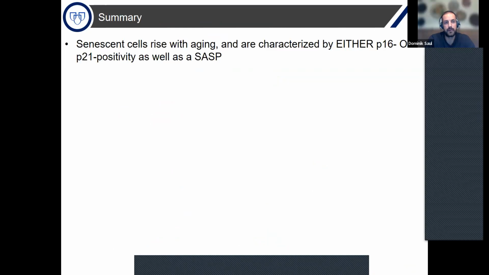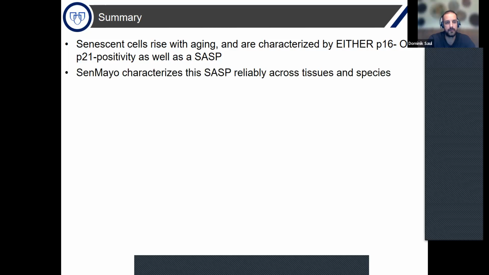Okay, to finally briefly sum this up, we know that senescent cells rise with aging and are characterized by either P16 or P21 positivity, and I don't believe that there are a lot of double positive cells who are really double positive, at least from the single-cell RNA-seq and CITE-seq data that I could get my hands on.